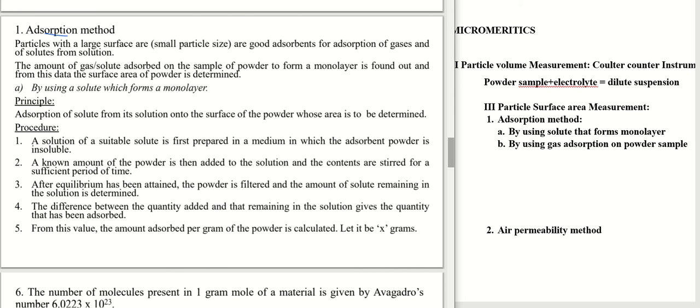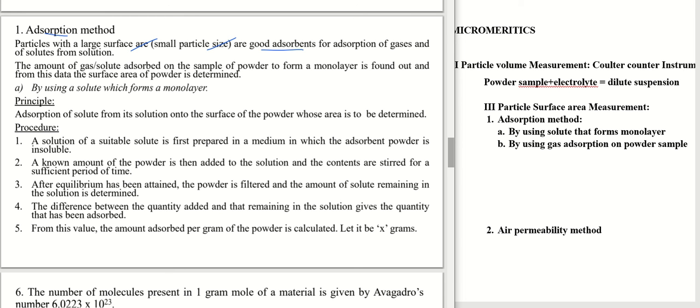Generally, particles of a very fine size, meaning particles having a greater surface area, are known as good adsorbents. Now we are considering this point as our working principle.